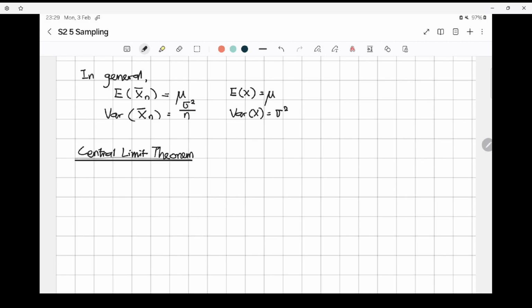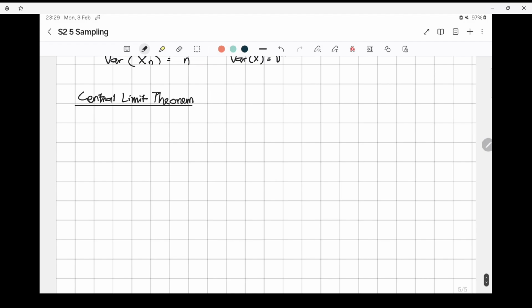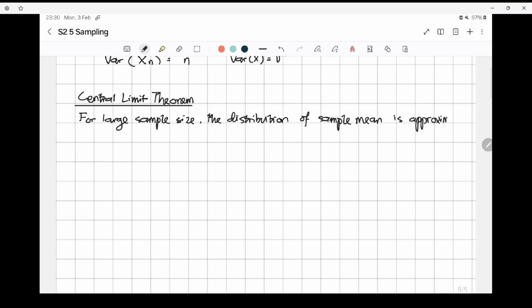So what is central limit theorem? Basically, it just tells you that if you have a very large sample size, the distribution of your sample mean is approximately normal.